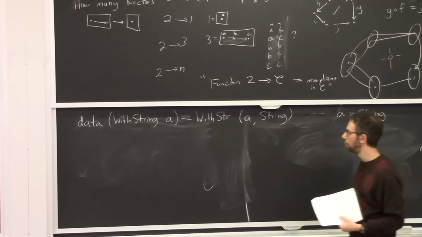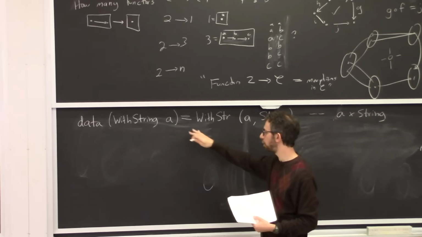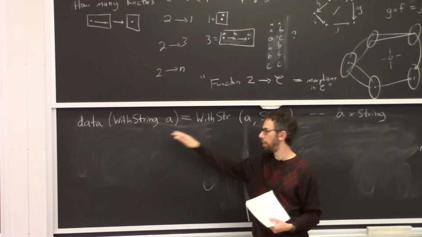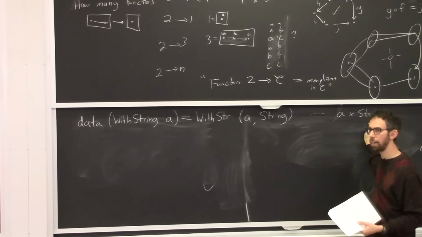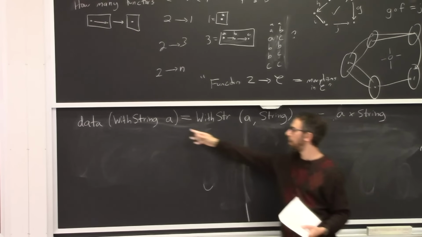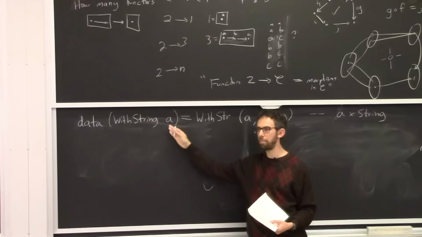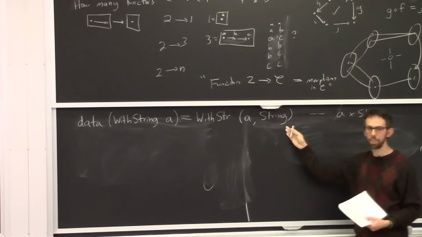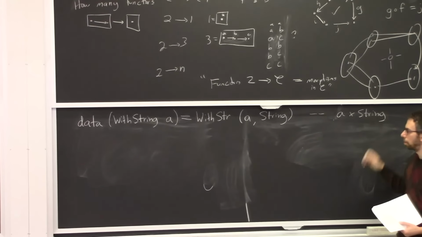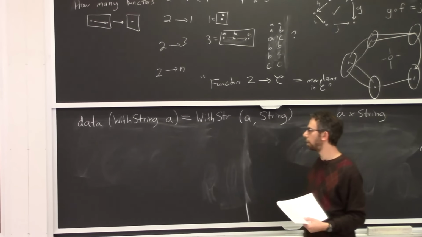So you say WithString is a new type. And what type is it? It's the type A times string for any A. So object A, any Haskell data type A, which are the objects of Hask, is sent to object A comma string, which is how they write A times string. So that's the type constructor.